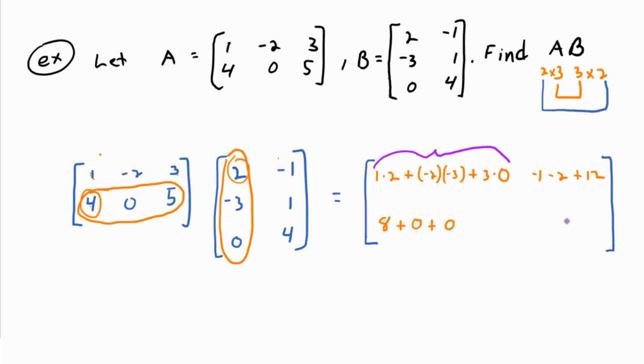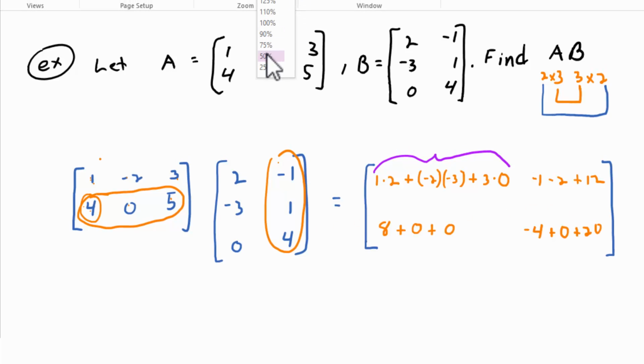Okay, so now the lower right-hand entry is obtained by sticking with the second row in A, but now you shift over to the second column in B. What entries do you get there? 4 times negative 1, negative 4. What's the next one? 0 times 1, and then 5 times 4, so add that in, 20.